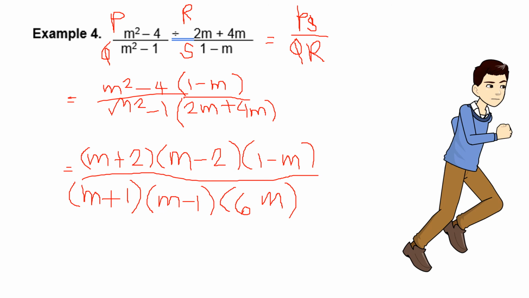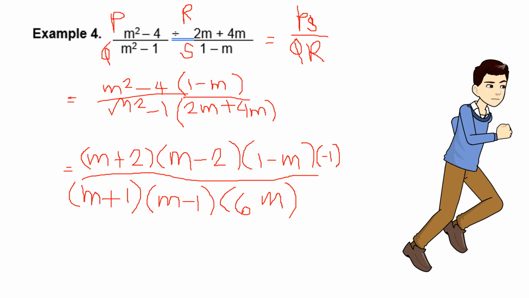Lagyan natin ng negative 1. Itong nasa taas, dito tayo mag-negative 1. Check natin kung magiging pareho na sila ng term pag nag-multiply tayo ng negative 1. Gagawin natin yung multiply by negative 1 kung yung positioning ng ating 1 and minus m, pag pinaglipat natin sila, magiging pareho ng m minus 1.